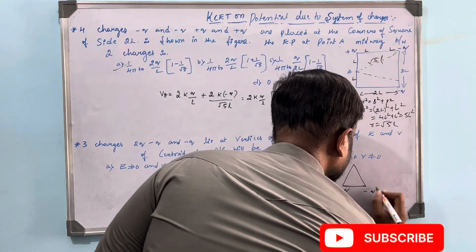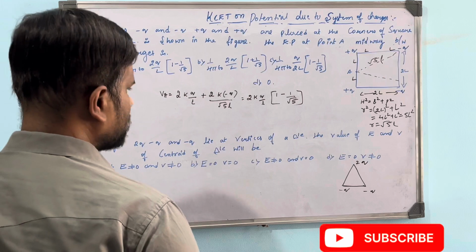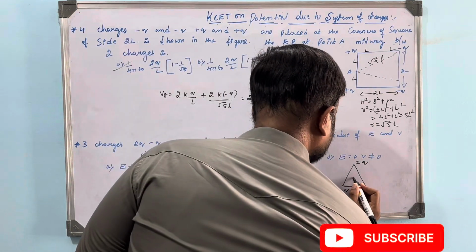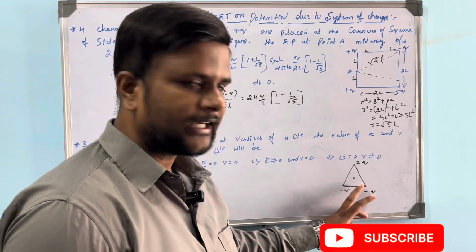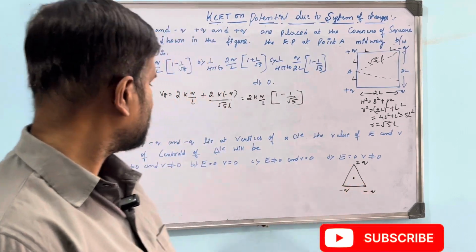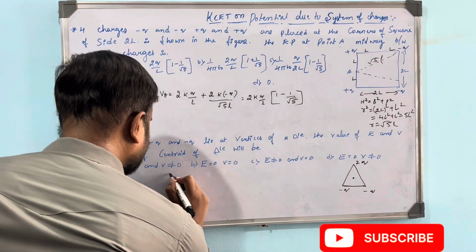Minus q, minus q and 2q are placed at the three vertices of the triangle. I need to calculate the value of E as well as V at the centroid of the triangle.